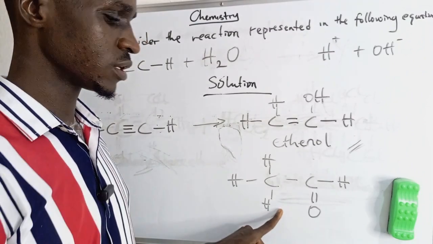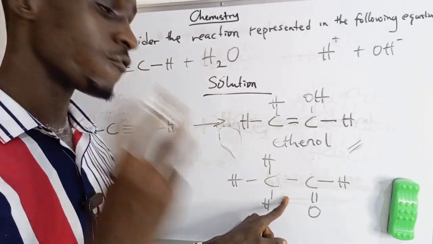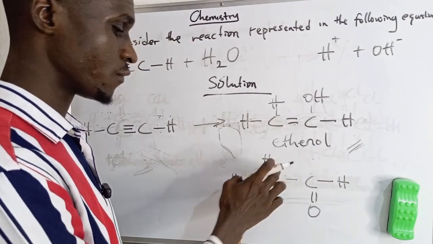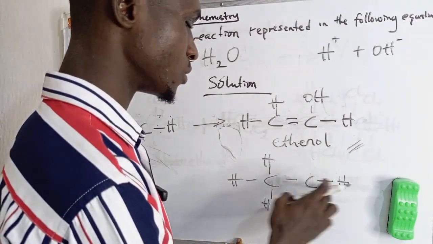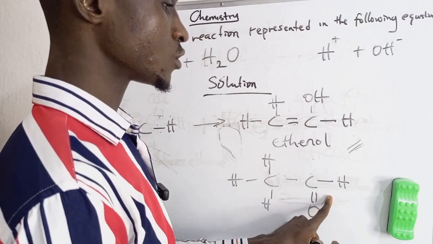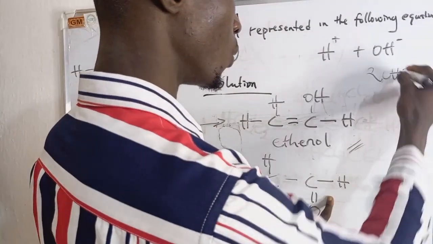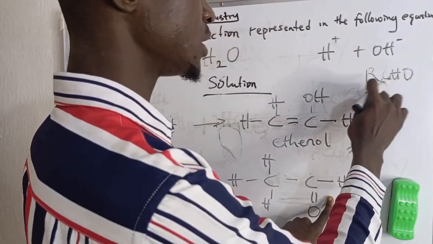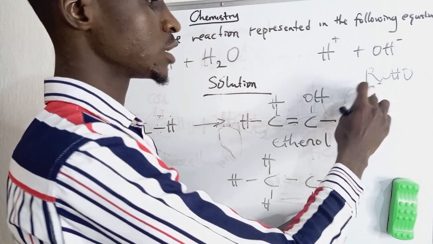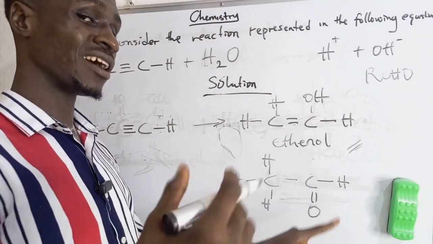I had to remove this because carbon is tetravalent and it must contain 4 bonds. In which case, this particular carbon will be having 1, 2, 3, 4. This one will be having 1, 2, 3, 4. This is the functional group we call RCHO, where R indicates an alkyl group. Then CHO is what makes the functional group alkanal.